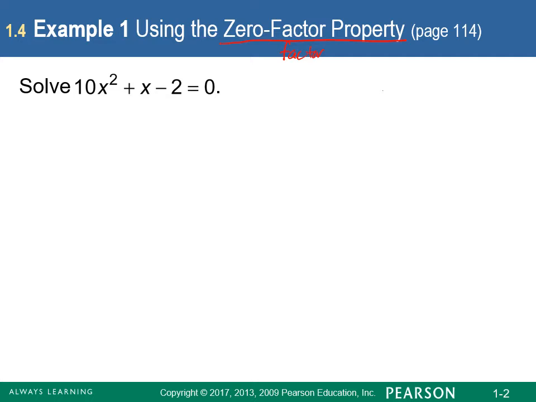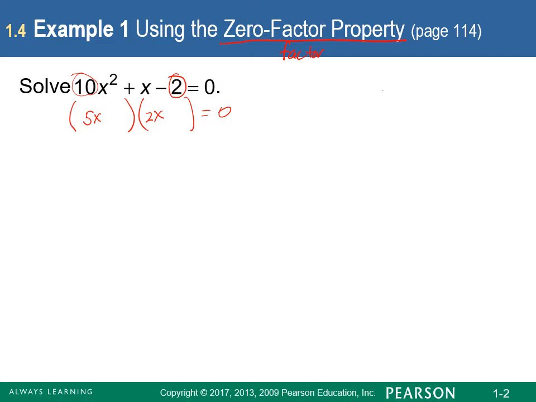However, I'm looking at this and I'm thinking in order to factor this, I need two things that multiply to give a 10. That's either 5 and 2 or 10 and 1. How about if I start by trying the 5 and the 2? There's only one way of getting 2, and that's 2 times 1.